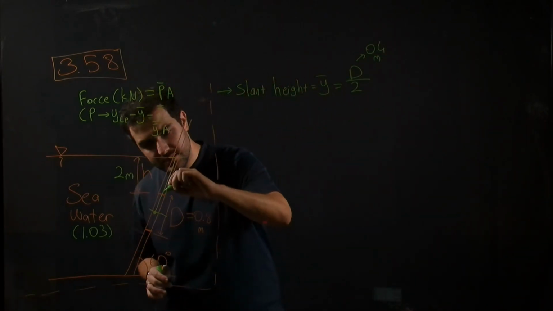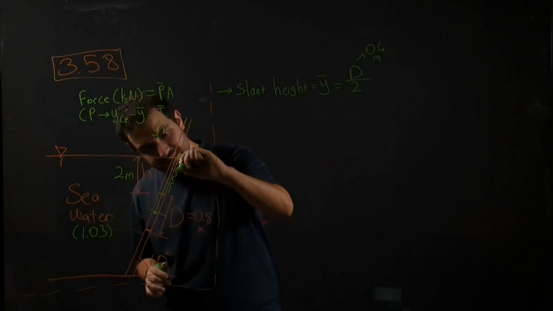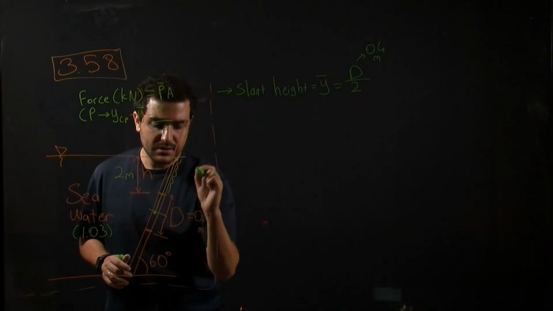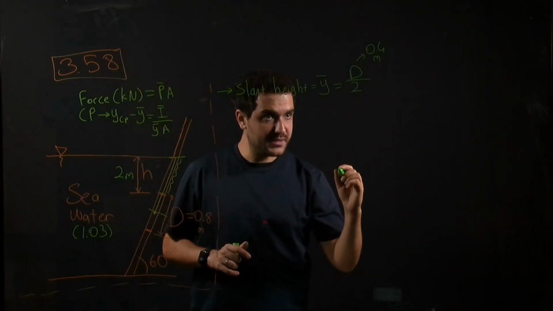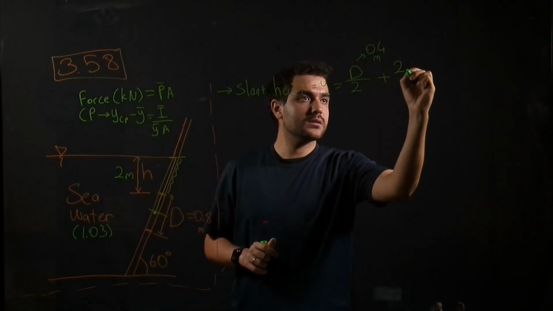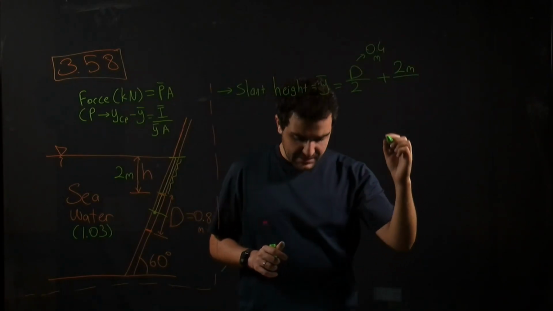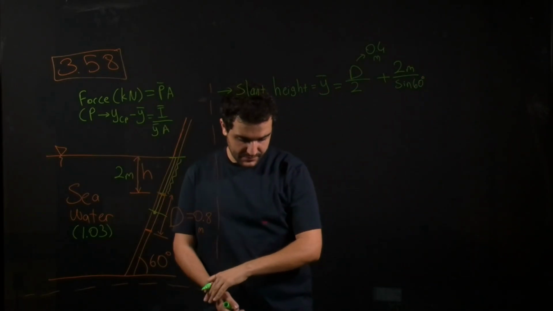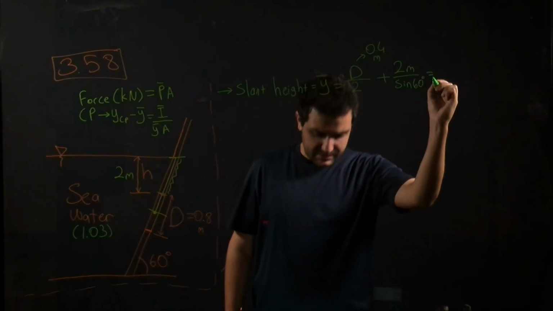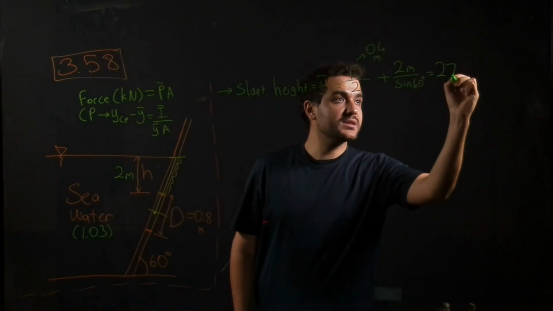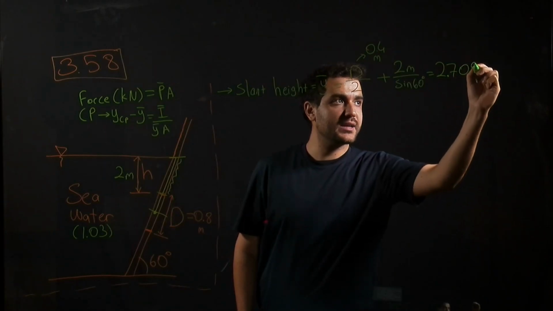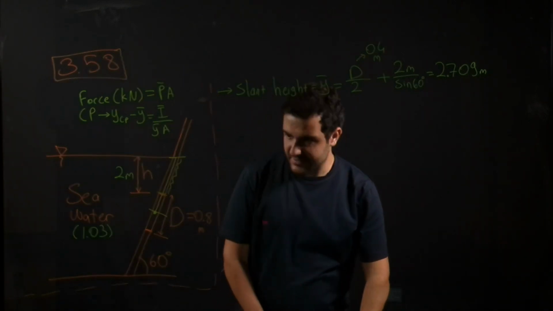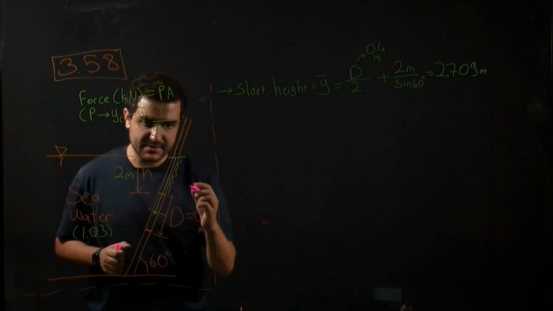And then we need this distance, and for that we need to use trigonometry, and here it will be 2 meters over sin 60. And from that we can get 2.709 meters.